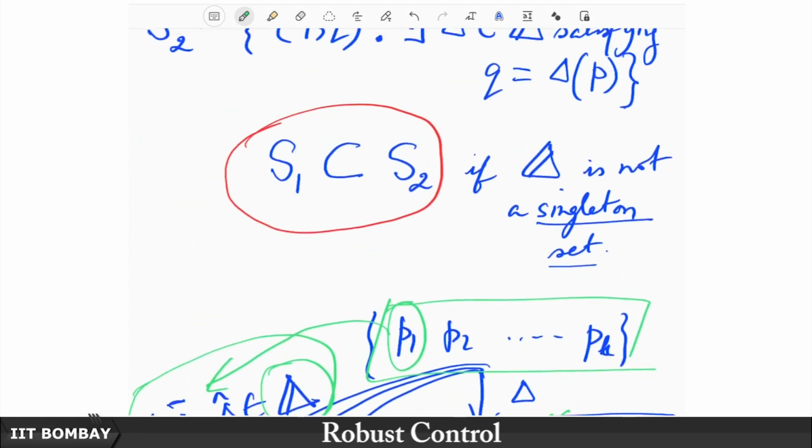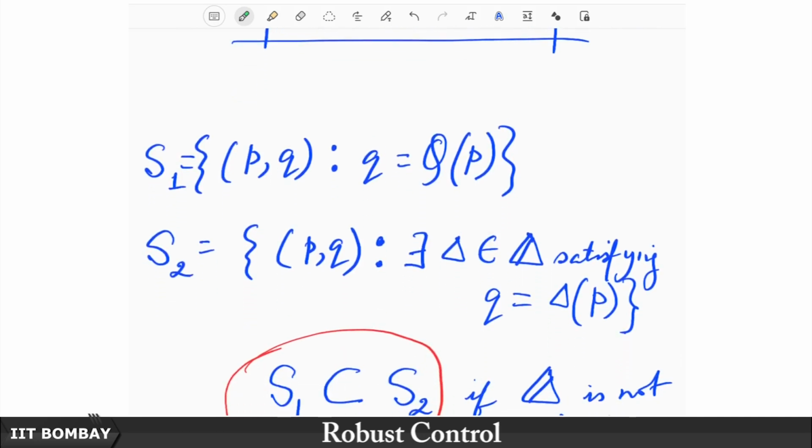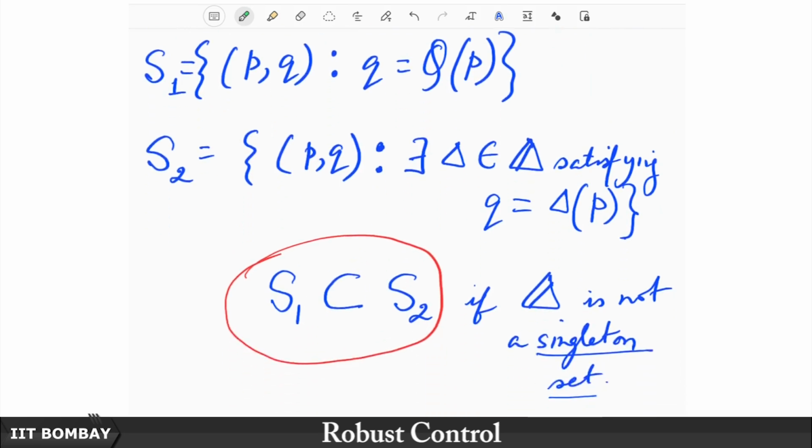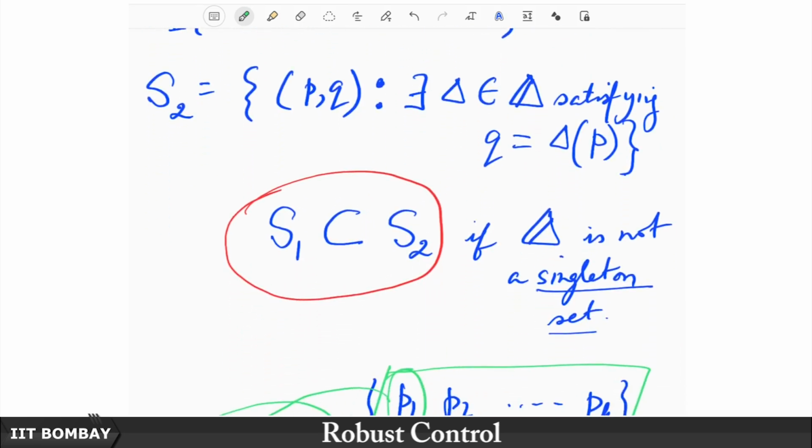So, naturally the set of all possible input output pairs that are contained in set S1 is a subset of the input output pairs that are contained in S2, right.